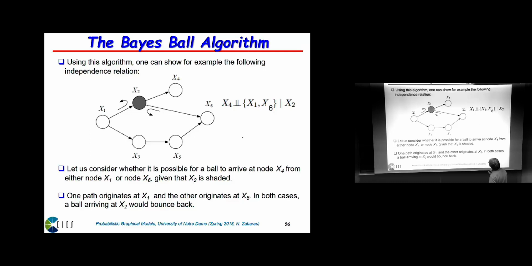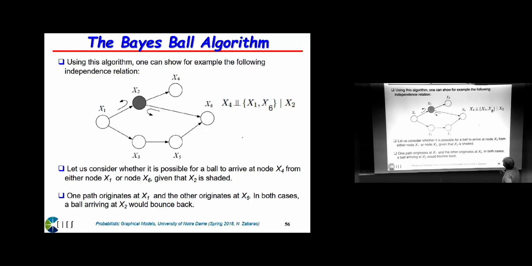So we can go. But remember, x6, the way that I see it, is a V structure. So it's not observed. If x6 is not observed, what happens? It's blocked, okay.